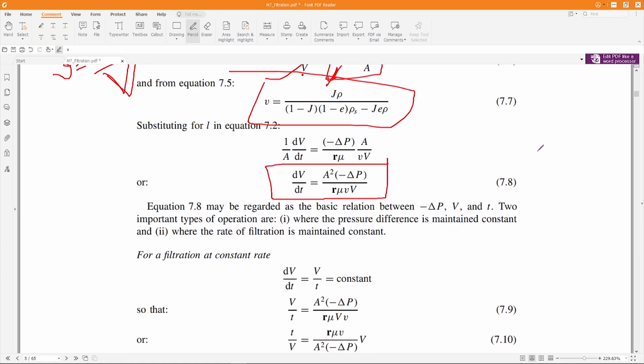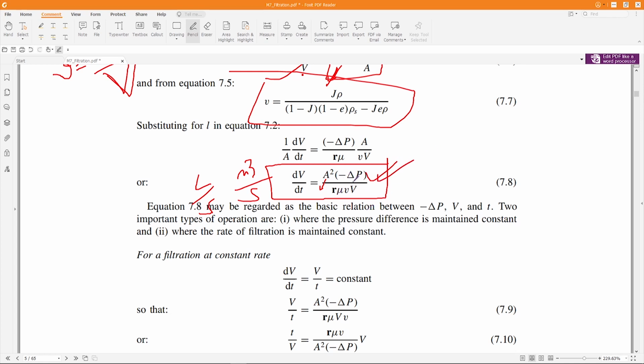So focus on this equation. dV by dt is the flow rate of the filtrate, in meter cube per second or liter per second. A is the cross-sectional area of the cake, and this is the pressure difference applied.